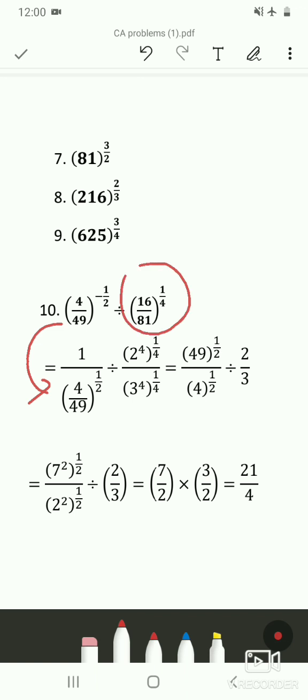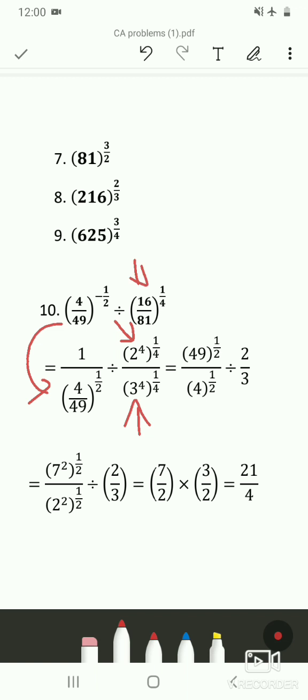And for the second term, we have simplified it as 16 is nothing but 2 power 4 and 81 is nothing but 3 power 4. So we have just simplified 16 upon 81 and written it as 2 power 4 upon 3 power 4.